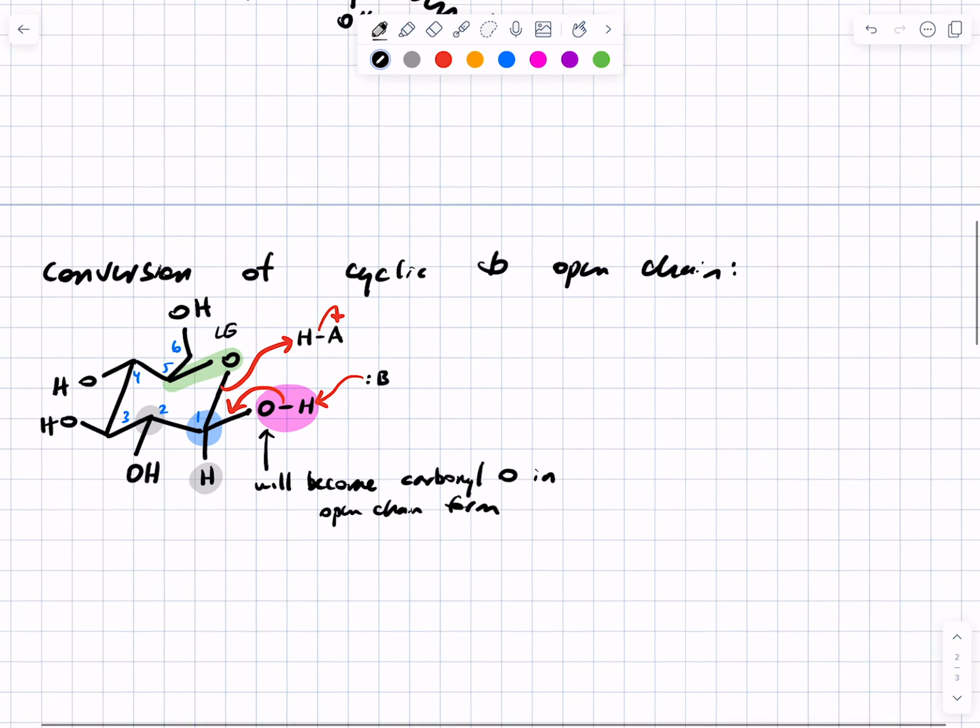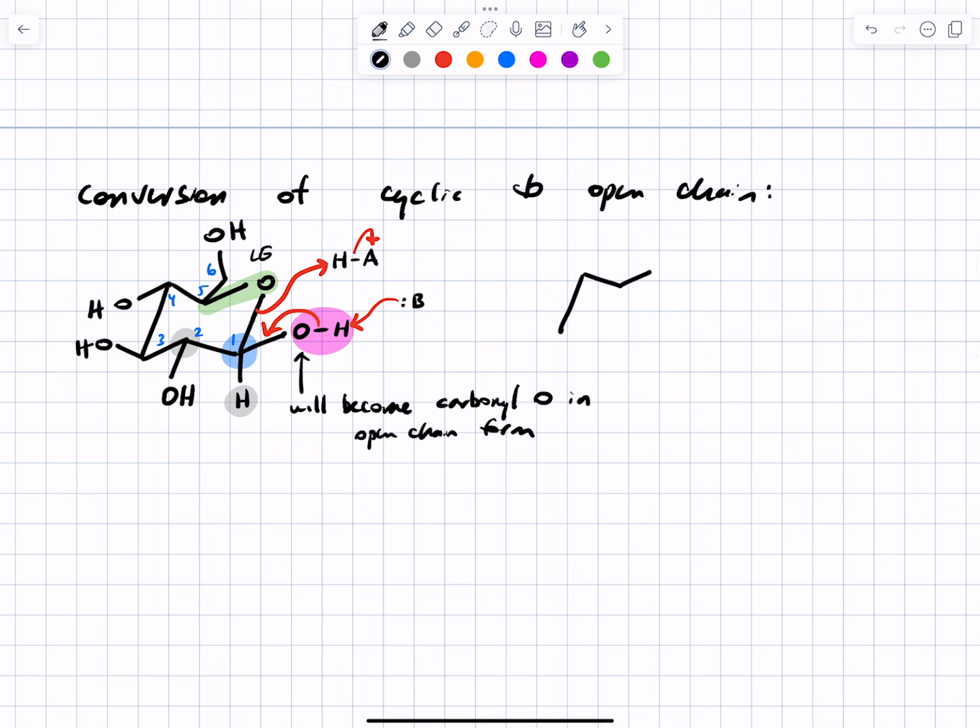And that will give us that open chain form. In the open chain form, what used to be the hemiacetal carbon is now the carbonyl carbon. What used to be the OH group is now the carbonyl oxygen. And what used to be the OR group has left as an OH group. Okay, questions about that?